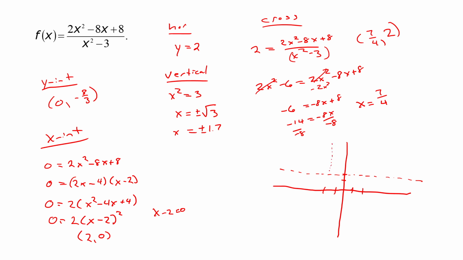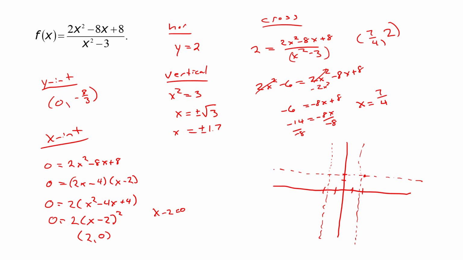So I'm doing negative 1.7 and 1.7. Now I know that I cross at 7/4. Yeah, this is at 1.75. So it does cross, but it's a little bit over there. So it crosses just past that asymptote. Okay, so it doesn't cross in here.